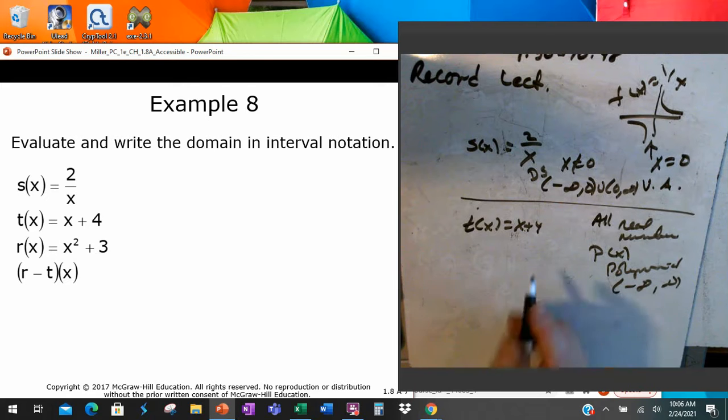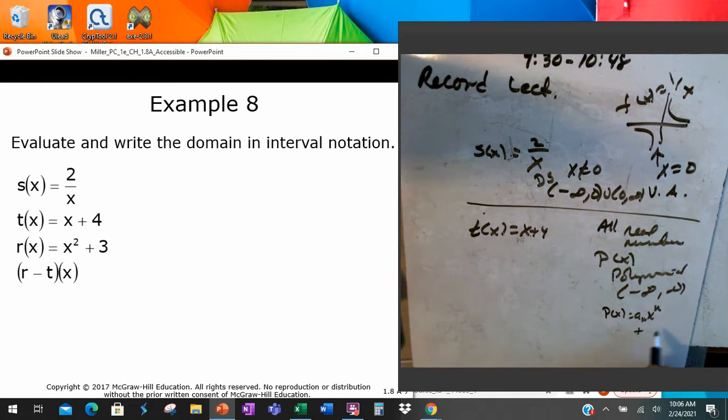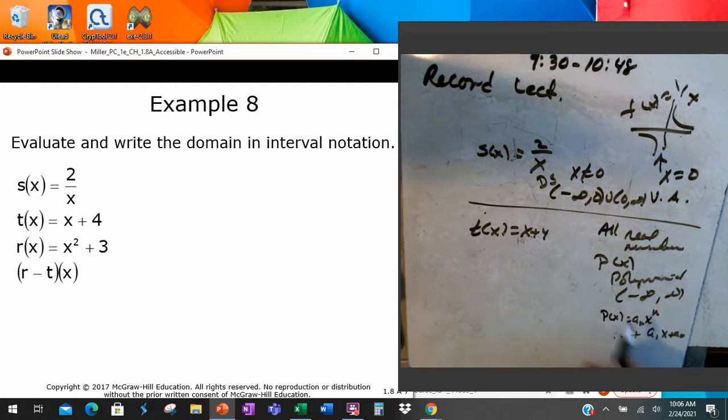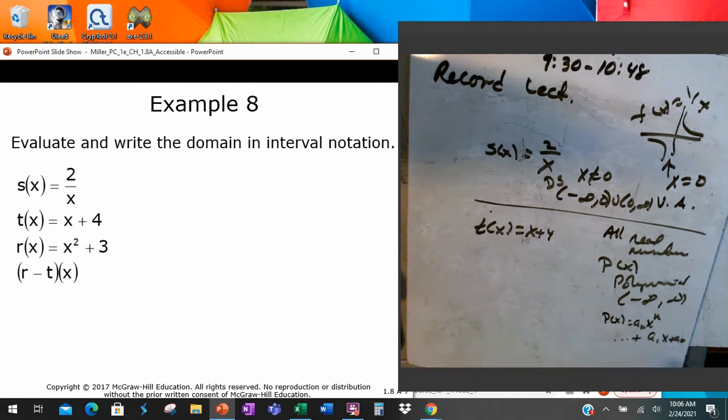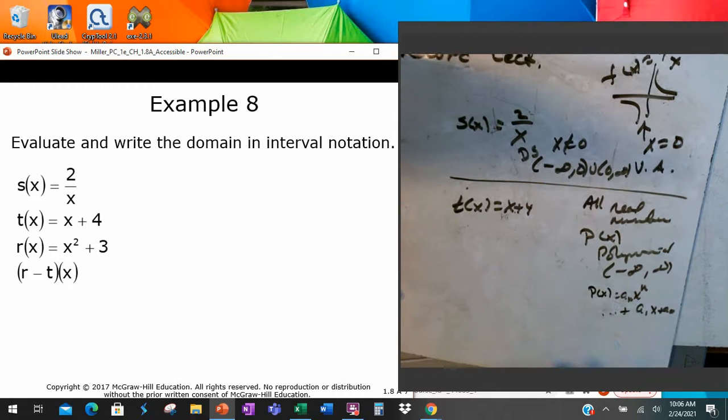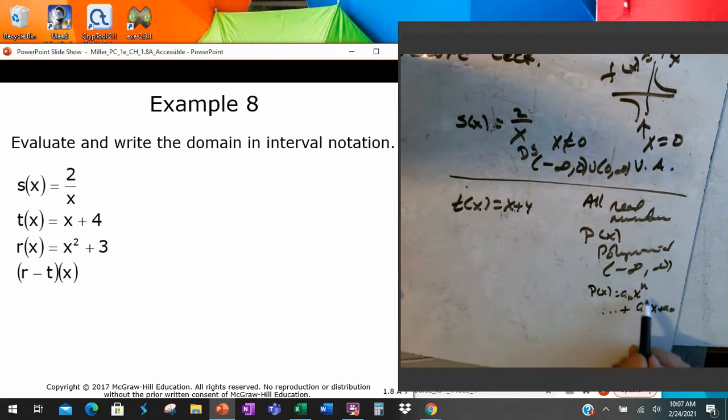All the polynomials, remember p of x equals a_n x to the n, all the way down to a_1 x plus a_0. Any of these, and this is just a straight line, which is just that end point. This is a first degree polynomial. Any of the polynomials nth degree, I multiply it by itself, multiply it by constants, add these things up.